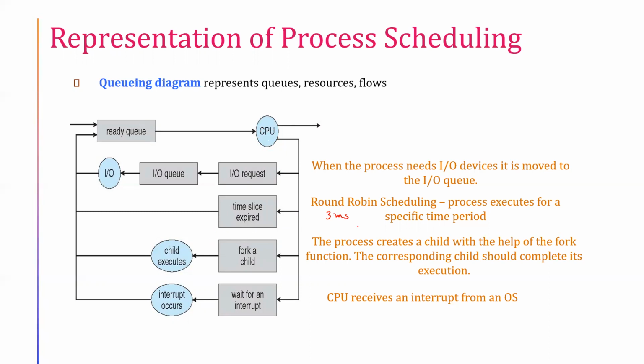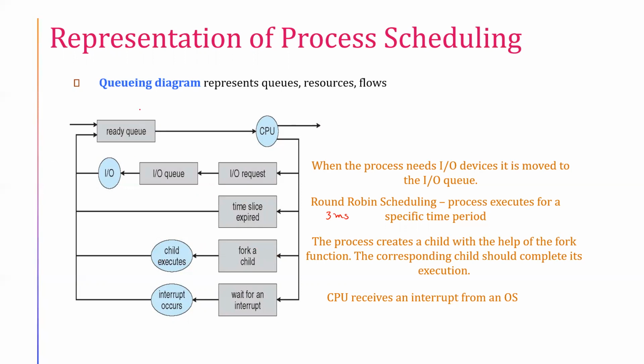The process is creating a child with the help of the fork function, and the corresponding child should complete its execution. So whenever a parent process creates a child process, it has to wait for the child to execute first. Once the child completes its execution, the process will be moved once again to your ready queue. So this is the fourth condition.